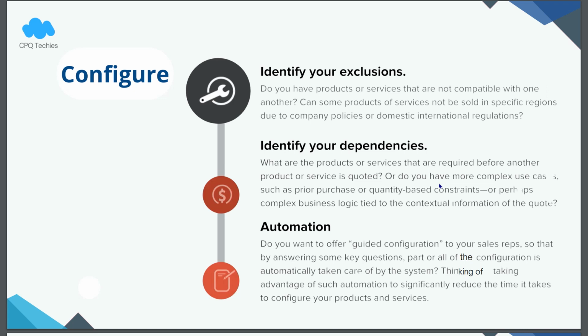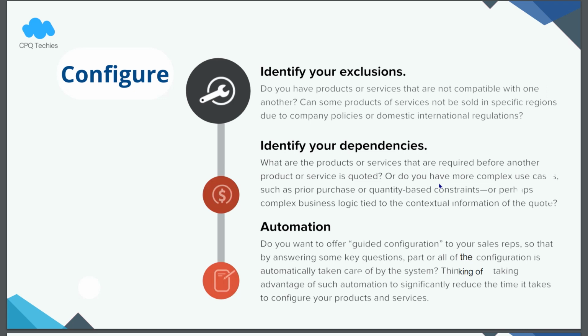Exclusion means, for example, we have two products, and the customer requires that you can sell either one, not both products at a time. So we have to identify how many such products there are before going to implementation. Whenever you are thinking of implementing a Salesforce CPQ project, we have to consider these things first.